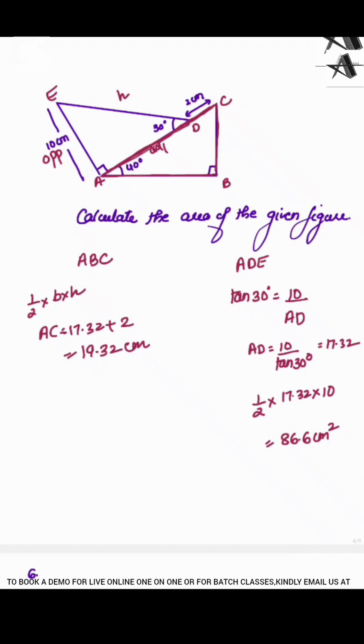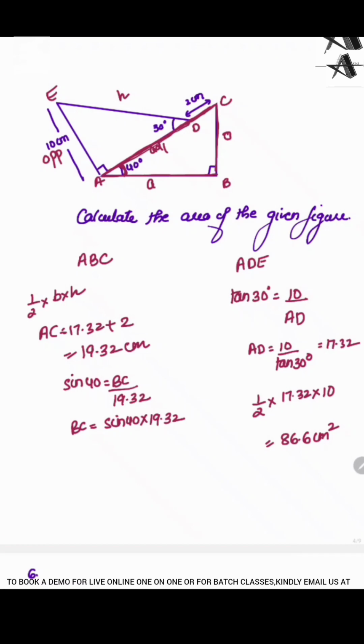So let me apply both trigonometric functions one by one. That means if this is my angle, the side opposite to this angle is opposite, the side connected to this angle is adjacent. So applying sine theta, sine 40 is opposite, which is BC, over hypotenuse. Hypotenuse is AC that we just calculated, 19.32. So BC is sine 40 into 19.32.